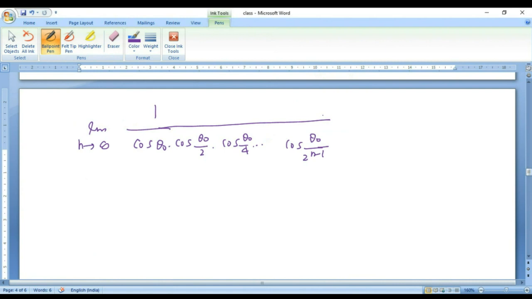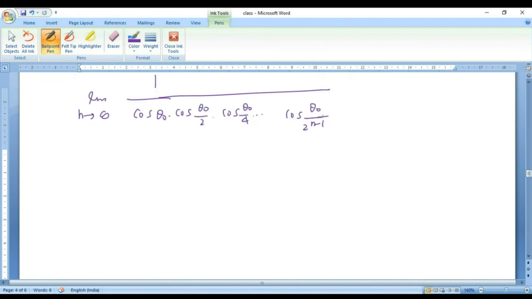Please calculate correctly, because that is important in exam. Now, to play with this, we have got one expression. We know that cos of alpha, cos of 2 alpha times ... cos of 2 to the power n minus 1 alpha.